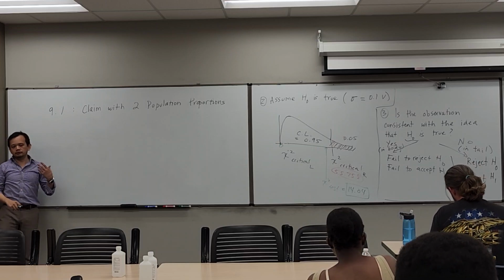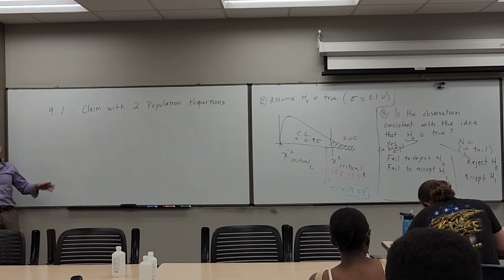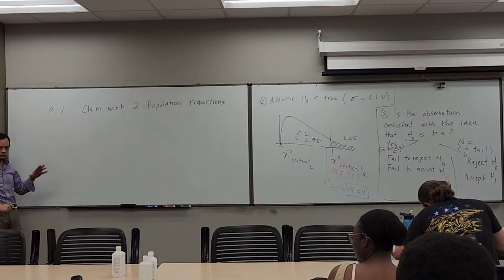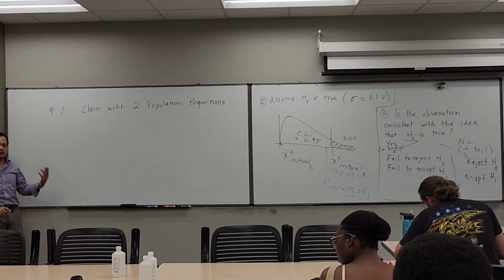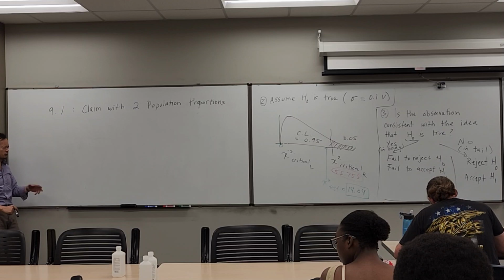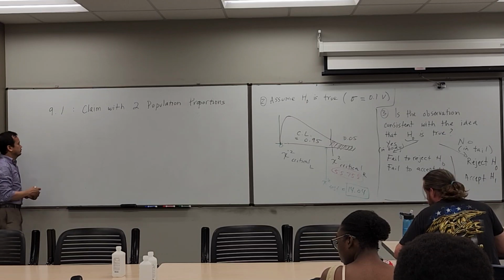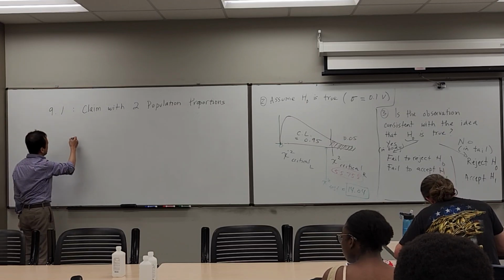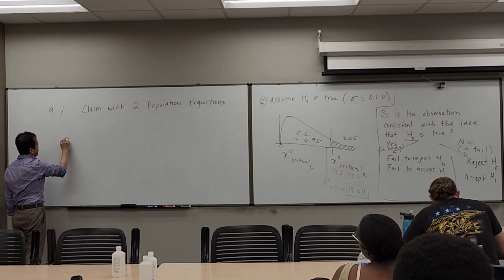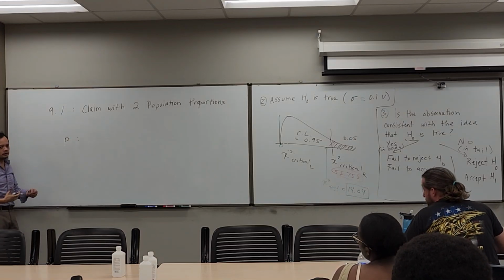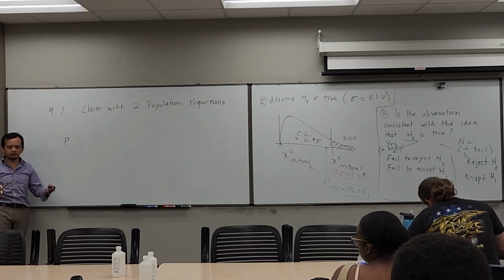So, if you remember, the three types of hypothesis tests, the three types of claims that we did before, all had to do with claims involving one proportion, or one population. So, recall that when we talked about claims involving a proportion, that claim had to do with a proportion for only one population.